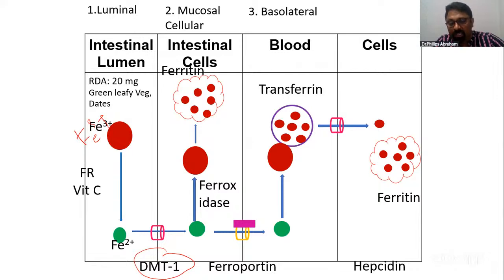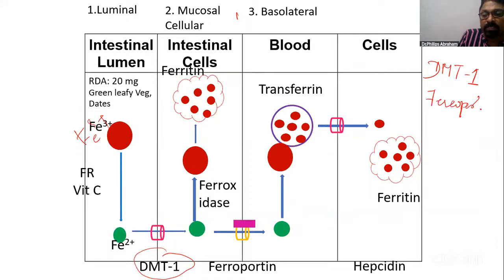That will reduce the level of DMT1 and ferroportin. So these are all important for you. In iron absorption, there comes the word DMT1, divalent metal transporter 1, and ferroportin.